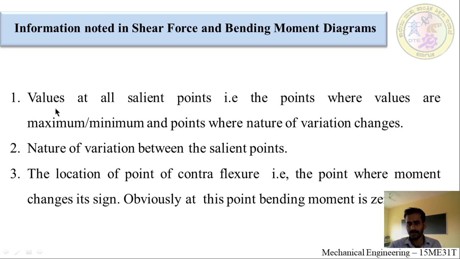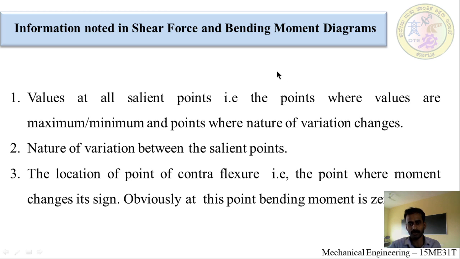We can see the shear force values and bending moment values at different salient points and also the nature of variation, and the maximum and minimum values in the graph. The second point is nature of variation between the salient points.